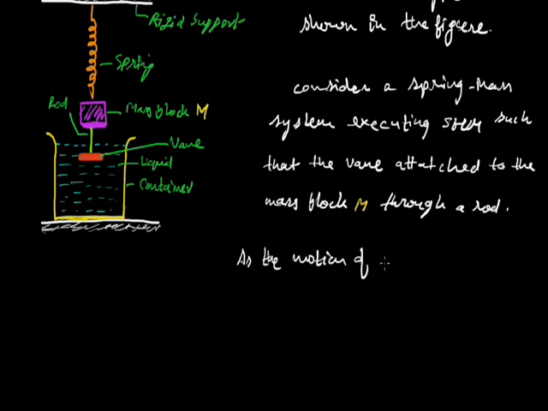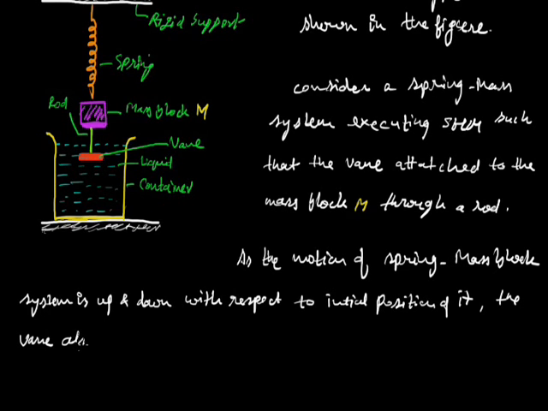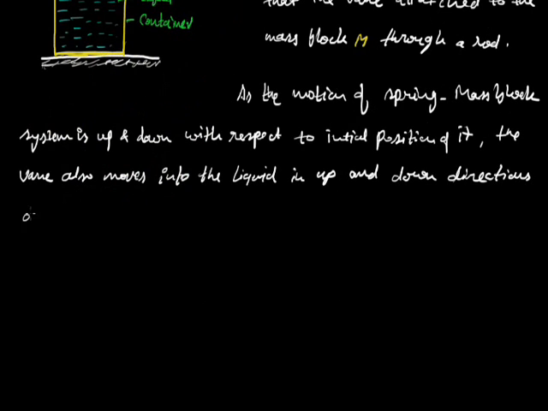As the motion of the spring mass block system is up and down with respect to the mean position, or the initial position, the vane also moves into the liquid in up and down directions during simple harmonic motion of the spring mass system.